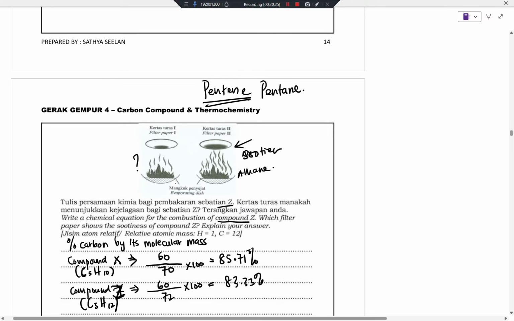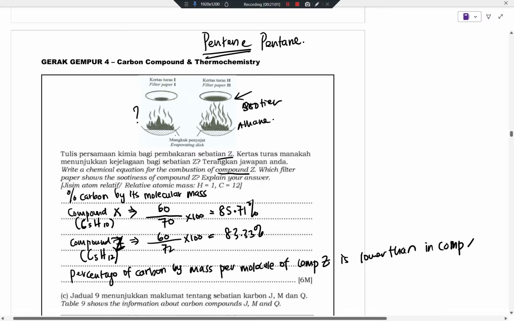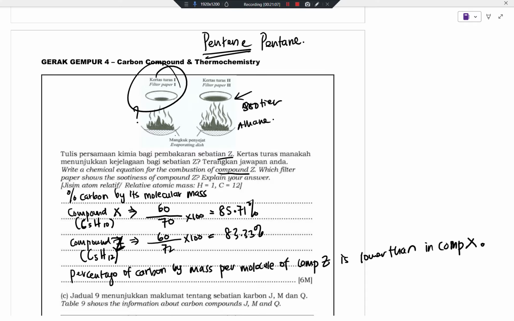So the percentage of carbon by mass per molecule or molecular mass போடலாம் of compound Z is lower than in compound X. So therefore in the filter paper அப்ப இது lower இருக்கு, இதுதான் filter paper 1.